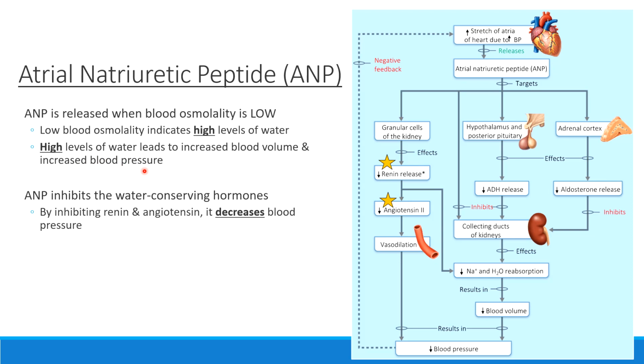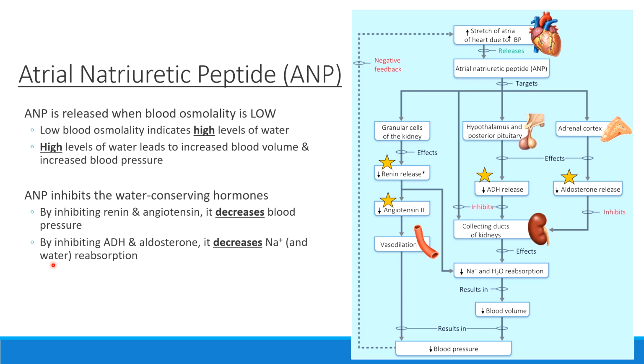The other thing that ANP does, though, that's more related to our water balance issue, is it decreases the process of sodium reabsorption. So we block antidiuretic hormone and aldosterone. By blocking aldosterone, we're directly blocking sodium reabsorption and indirectly blocking water reabsorption. But when we block antidiuretic hormone, that's a direct block to water reabsorption.